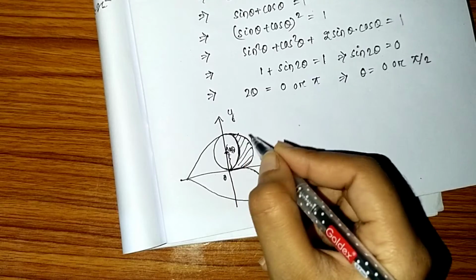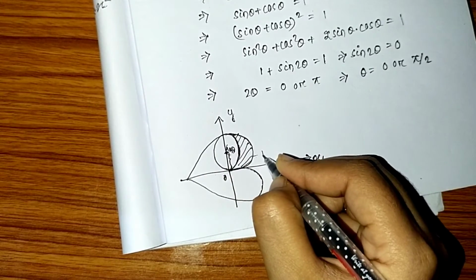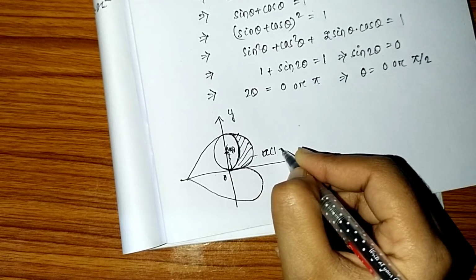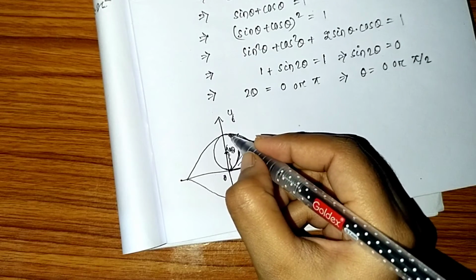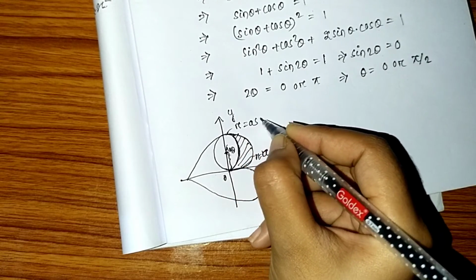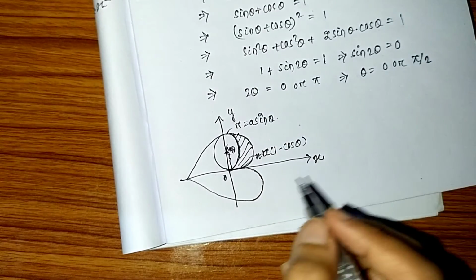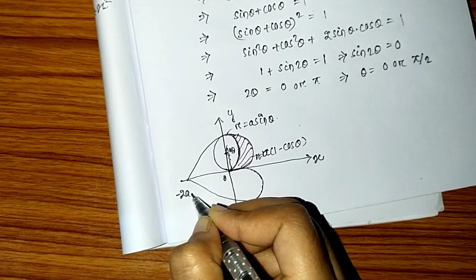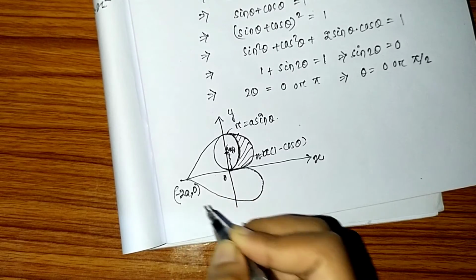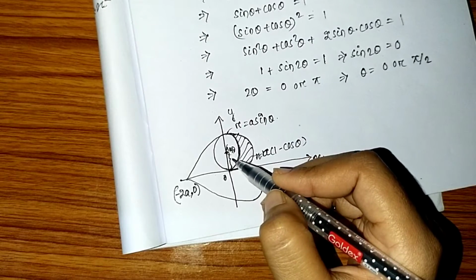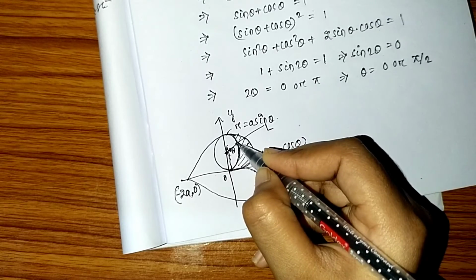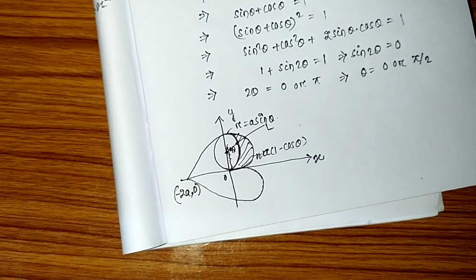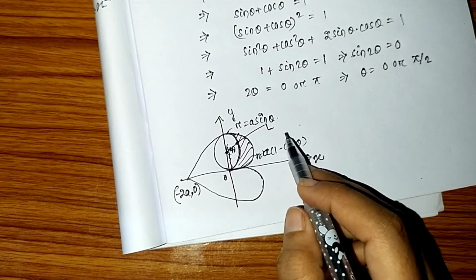This is the area enclosed by the cardioid, r equal to a into 1 minus cos theta, and this is r equal to a sin theta, and this point is minus 2a, 0. Then we draw a line to find the region. Now we find the area enclosed by this in polar coordinates.